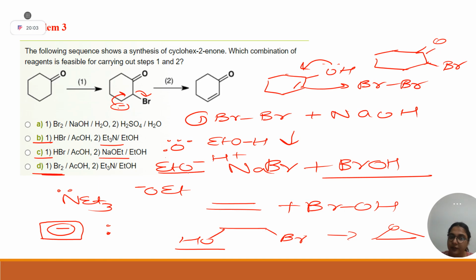EtO minus signifies what? That this lone electron pair, oxygen has taken and become OEt negative, right? But in triethylamine, these lone pairs are of nitrogen itself, right? In oxygen, this negative charge is not of oxygen. It is the negative charge of that shared bond with hydrogen, right?